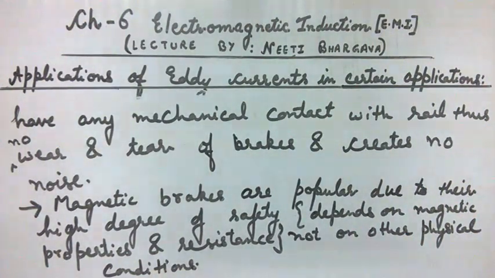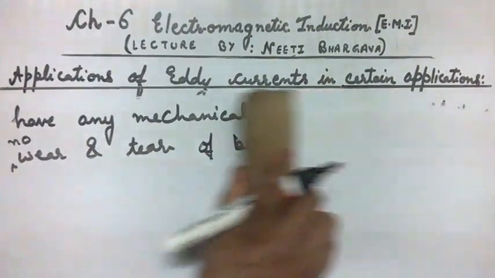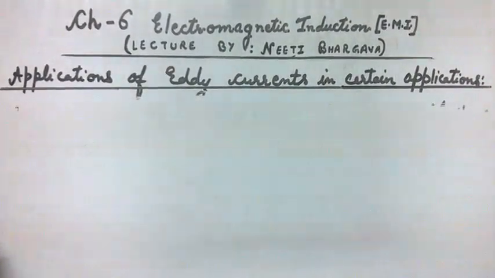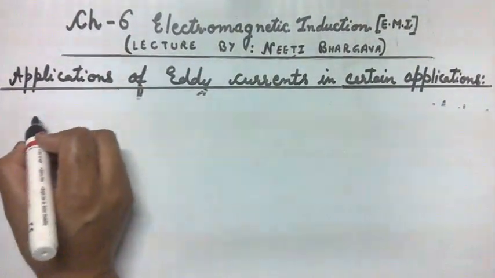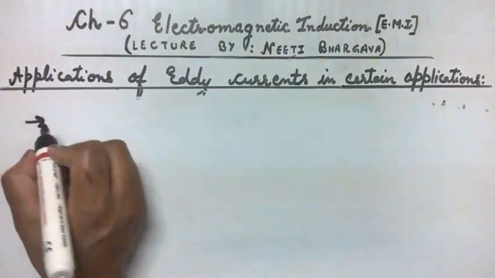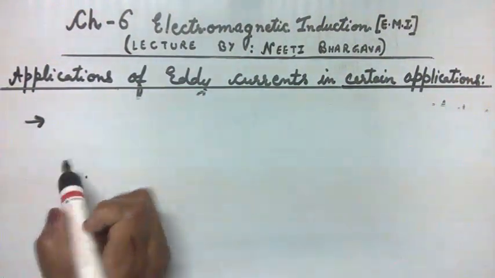Or does not get affected by the physical conditions. Also, we can add that these eddy current brakes by themselves can never completely stop a train.